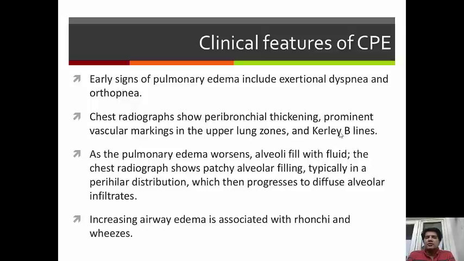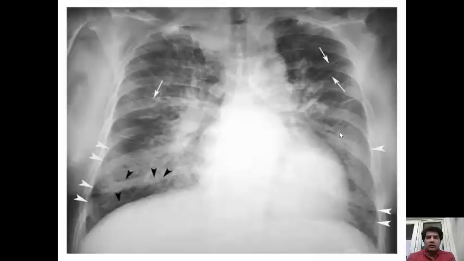becoming prominent. As it worsens, the fluid goes from the blood capillaries into the interstitium, and then even the alveoli will fill in a perihilar distribution, and then it will go on to have diffuse alveolar infiltrates. So you see what is happening. These are the Kerley B lines at the periphery. We see in this case even the upper zone vessels have become prominent.